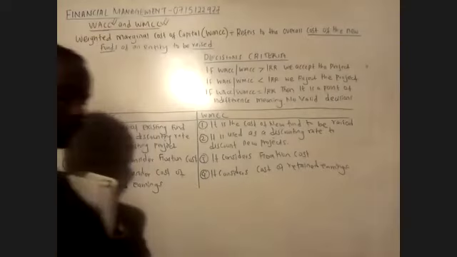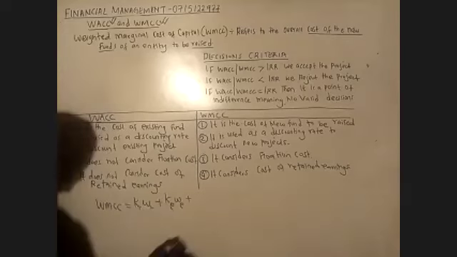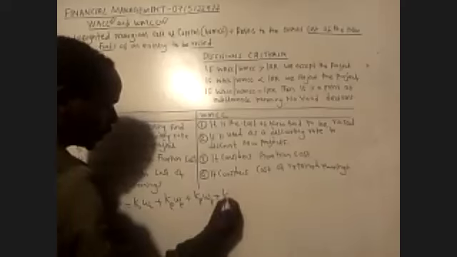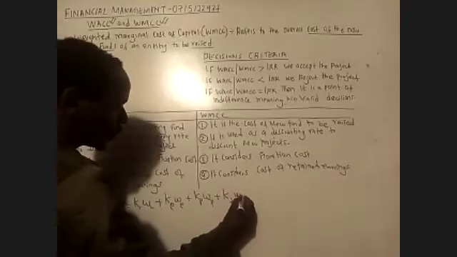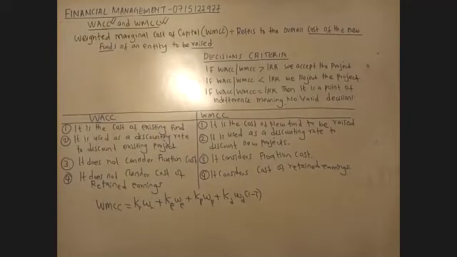Let us give the WMCC, not WACC, as weight of R, KE weight of E, KP weight of P, and maybe KD weight of D, 1 minus T. Now that's the difference.